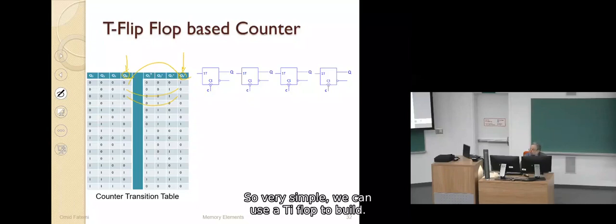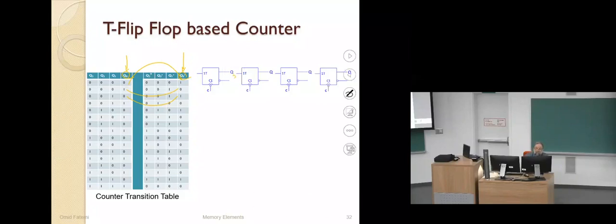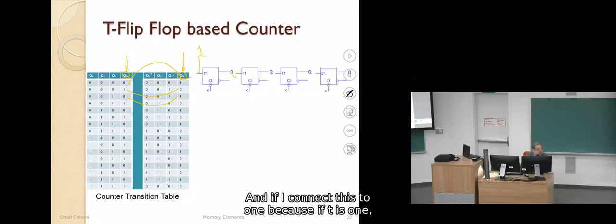So, very simple. We can use a T flip-flop to build this. We just use a T flip-flop to build Q0. So this is Q0. And I connect T to 1, because if T is 1, then with every rising edge of the clock, it toggles. That's good. So we built Q0.